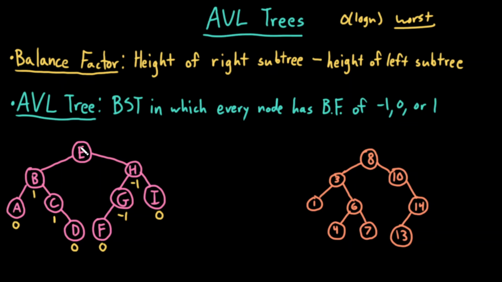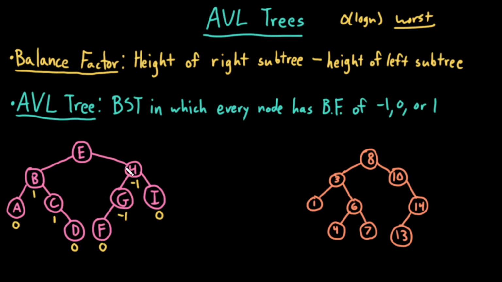And now the root has a right height of 3. Remember, height is the longest distance to a leaf. On its right side, there are 3 edges to a leaf as its longest distance, so the right height is 3. On its left, its height is also 3.